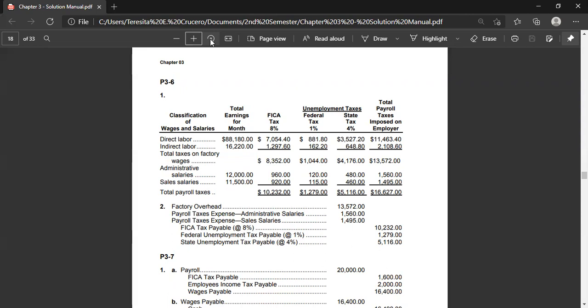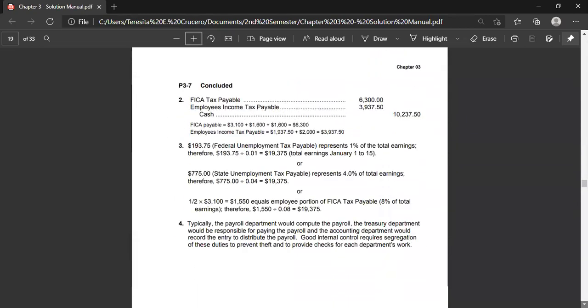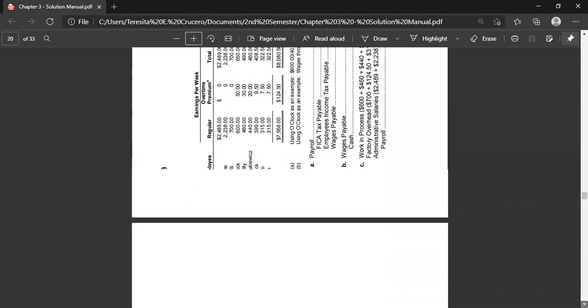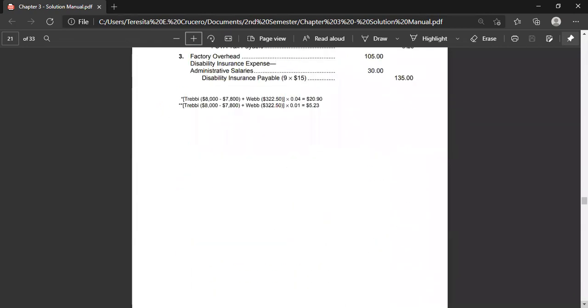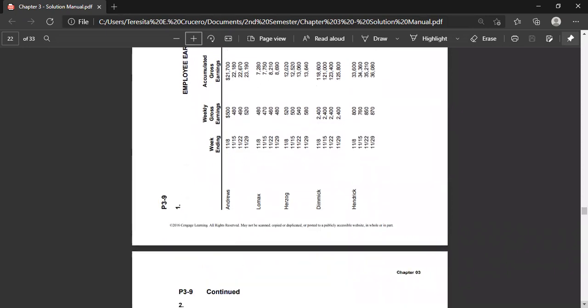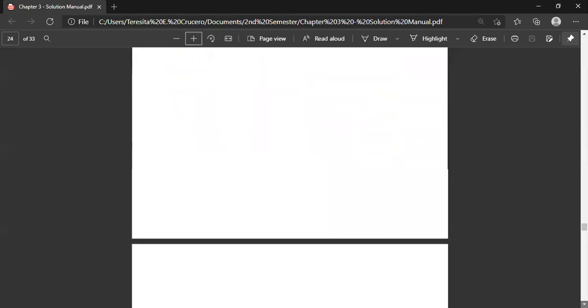Now we go to 3-10, where we have now, this is quite long problem, however, we are required to prepare the journal entries to record the foregoing transactions, including the distribution of payroll costs.